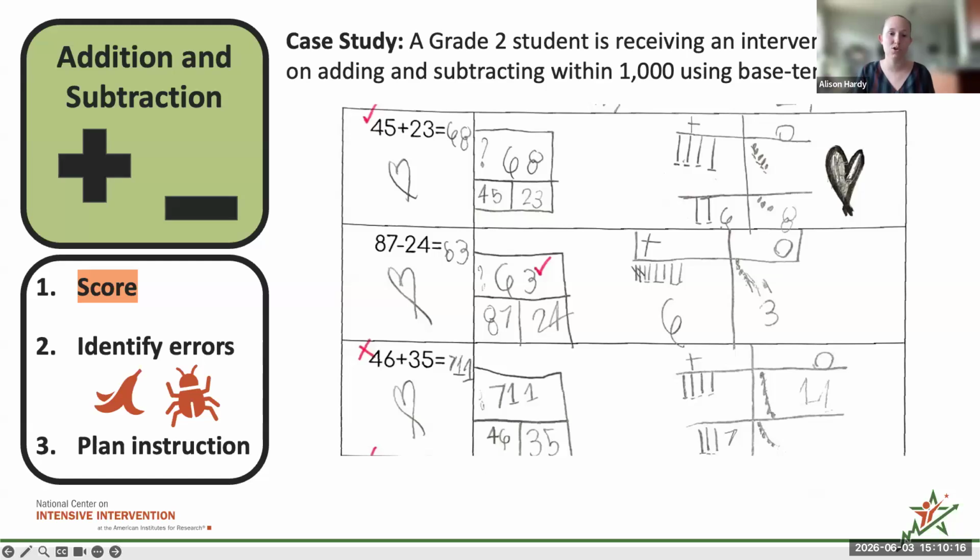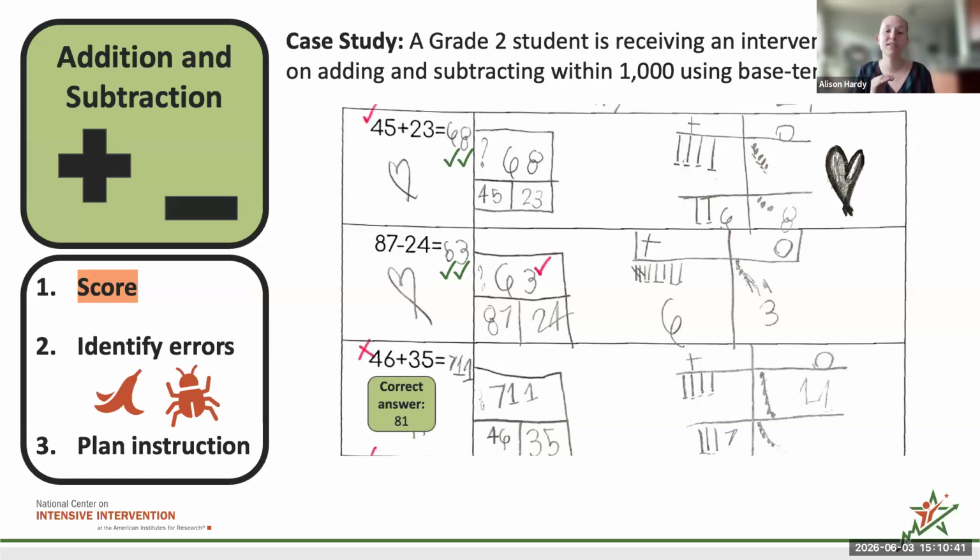So here we see this first equation, 45 plus 23. We'll get these animations going. We see that in the ones place, that student correctly added 5 plus 3 into 8 ones, and then they correctly added 4 tens plus 2 tens into 6 tens. We'll continue with this scoring on a correct digit versus incorrect digit basis from right to left.